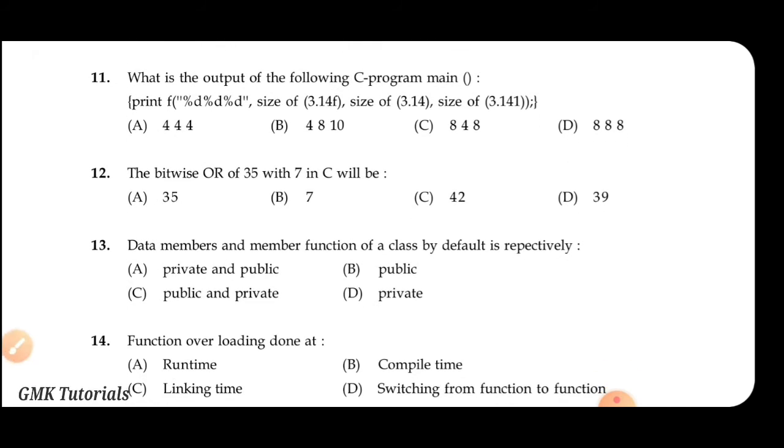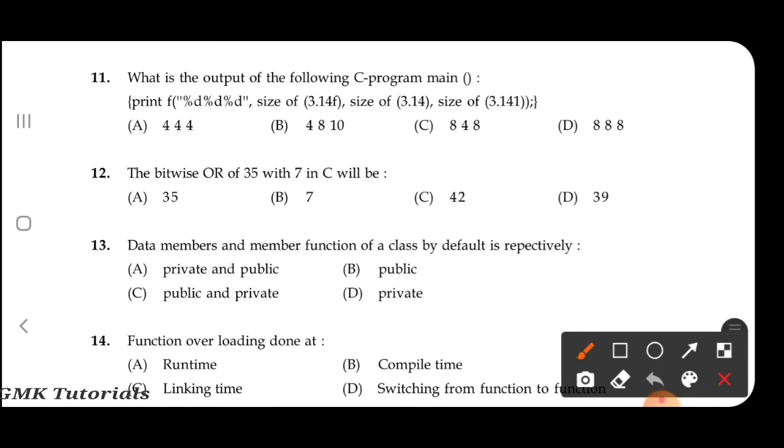Eleventh question, what is the output of the following C program? See here, in the printf, they gave sizeof 3.14f, sizeof 3.14, and sizeof 3.141. By default, floating point constants are stored as double precision numbers, and the f suffix tells the compiler to store the floating point constant in floating point format only.